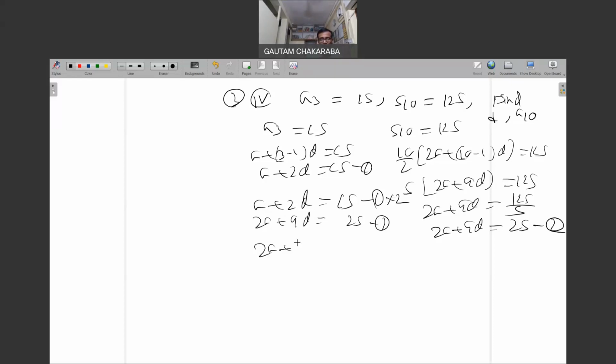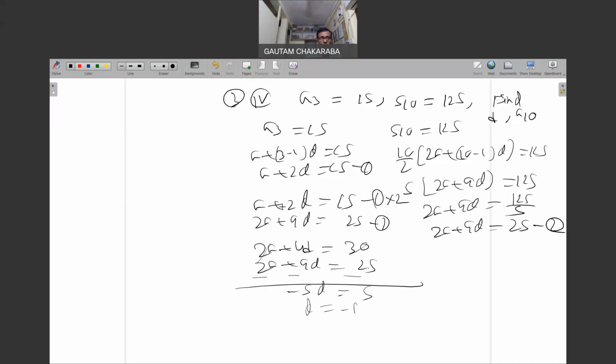So 2a plus 4d is equal to 30, and equation 2 is 2a plus 9d is equal to 25. Both A terms have the same signs, so you subtract 2 from 1, changing the sign. The A terms cancel. 4d minus 9d is minus 5d, and 30 minus 25 is 5. So d is equal to minus 1.